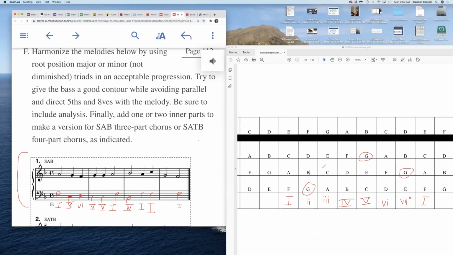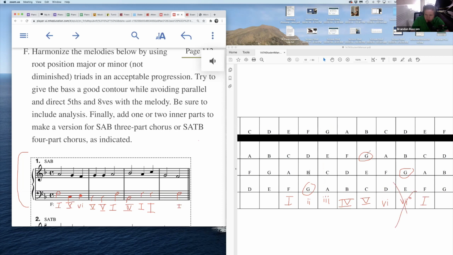No, no G in the 3 for F major. If we had a seventh chord, yes, but we're only dealing with triads. You with me? I get you. My bad. So we're not using diminished triads.